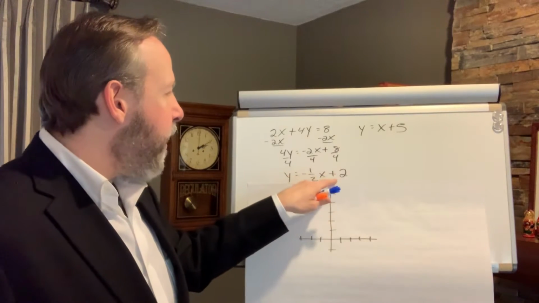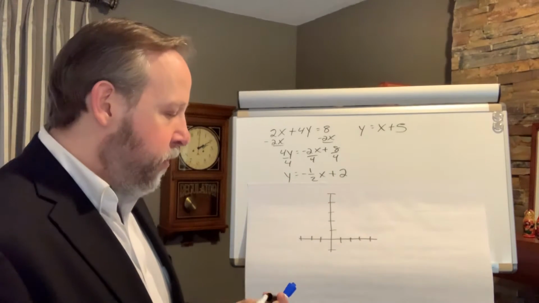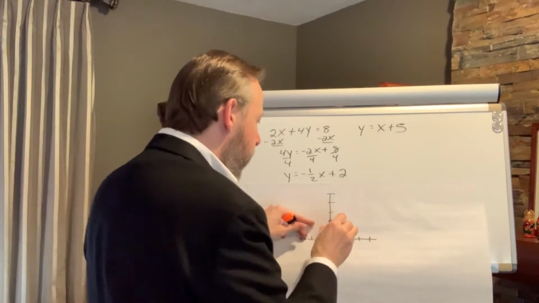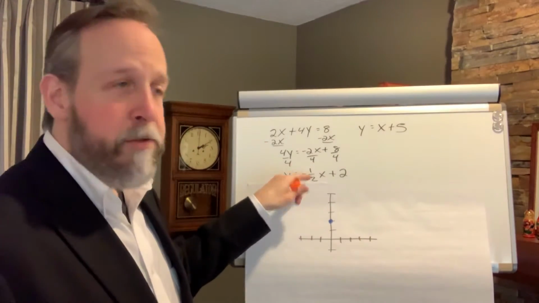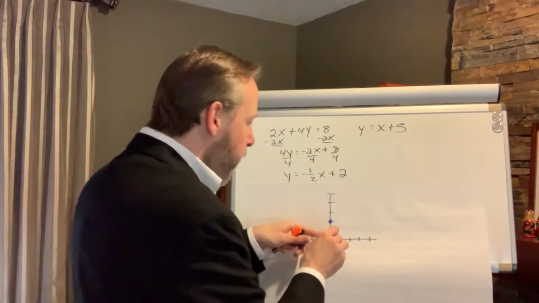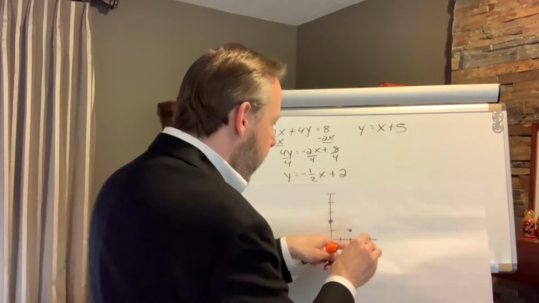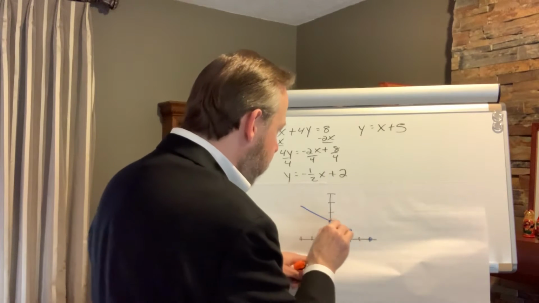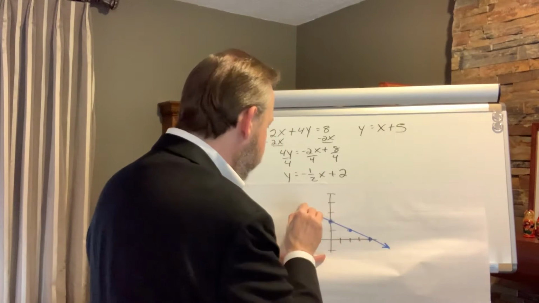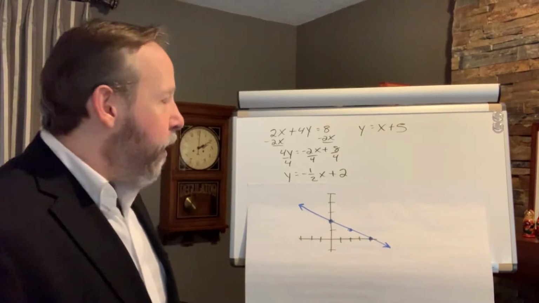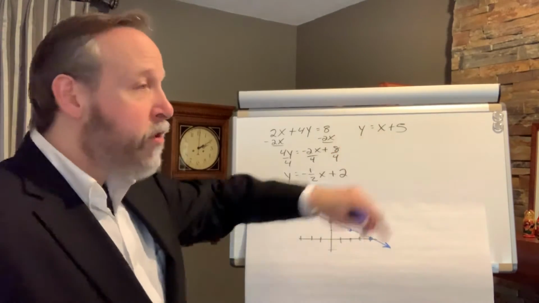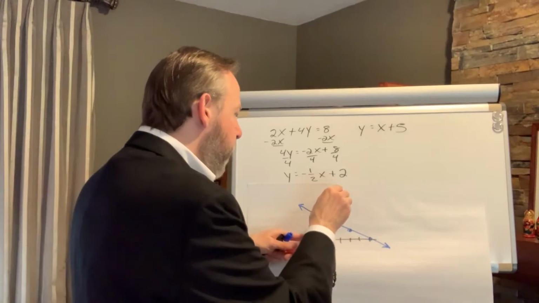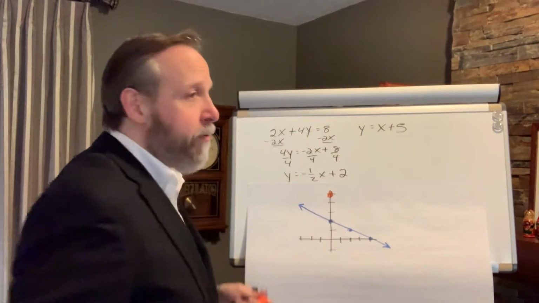This one has a y-intercept at positive 2, so I'll put a dot at positive 2. And the slope is negative 1/2, which means it's going to go down 1 and over 2. And you can do it again if you'd like. So this is this line right here. My other line has a y-intercept of 5, 1, 2, 3, 4, 5, and it has a slope of 1.